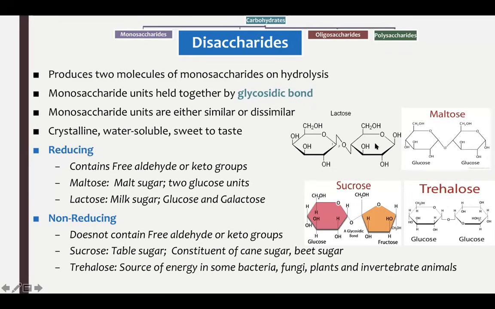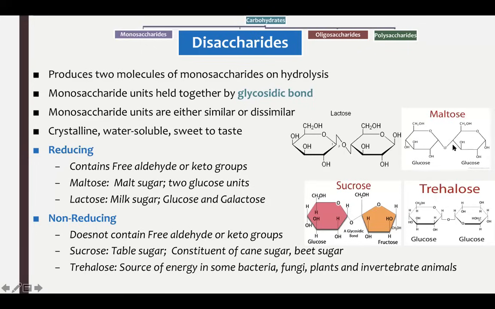If we see maltose, there are two molecules of glucose joined via the O-glycosidic bond, and here these molecules are similar, and in lactose, these molecules are dissimilar. So in a disaccharide molecule, the monosaccharide units can be either similar or dissimilar.